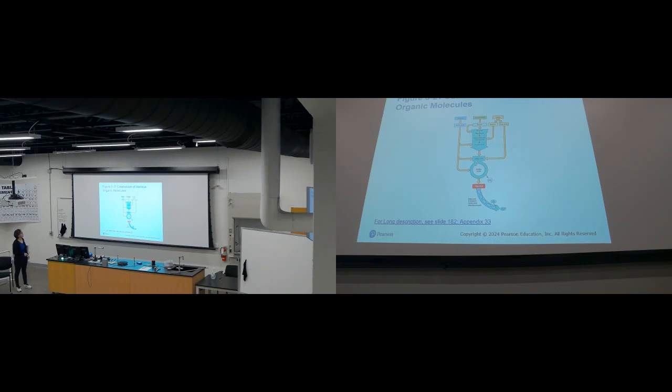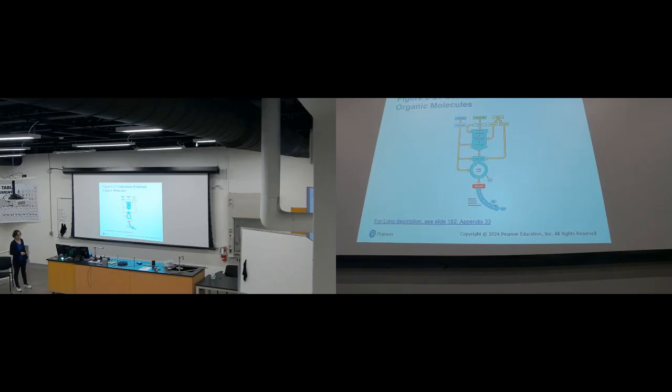So here we have an overview of the catabolism of various organic molecules. Proteins will be converted into amino acids that can enter into the glycolysis cycle, gluconeogenesis. Lipids as well, with glycerol, can enter into the glycolysis cycle, and then you have fatty acids or amino acids that can be converted into acetyl-CoA, and then some amino acids go directly into the Krebs cycle.